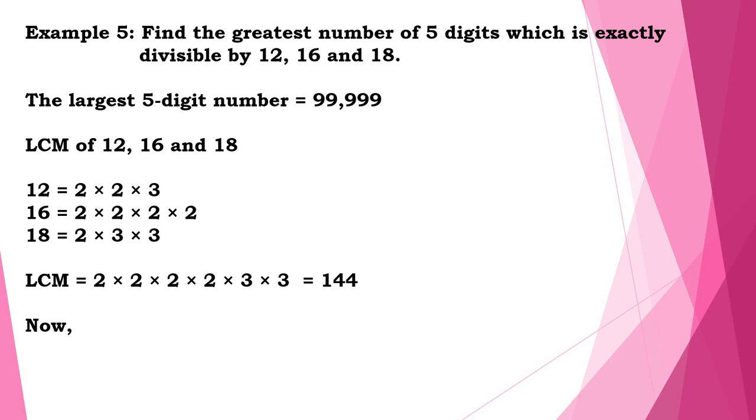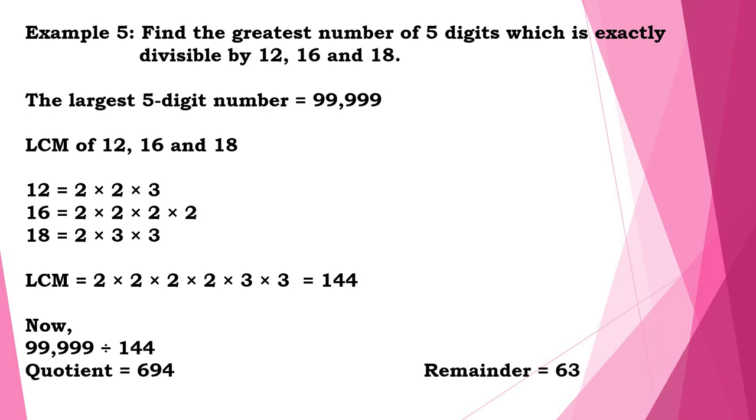Now we will again divide the largest 5-digit number by 144. When we do it, we get the quotient 694 and remainder 63.